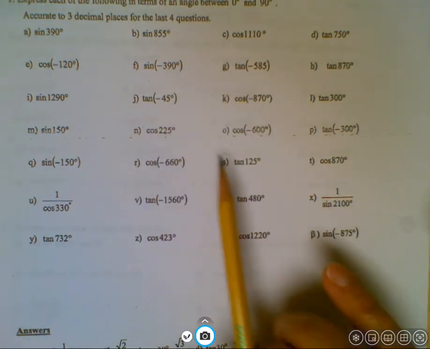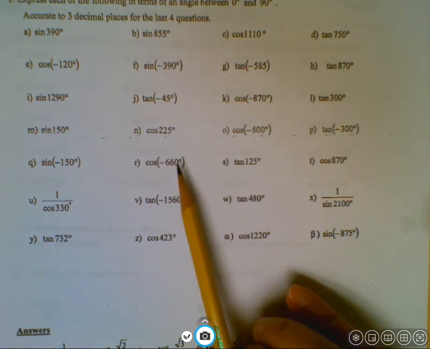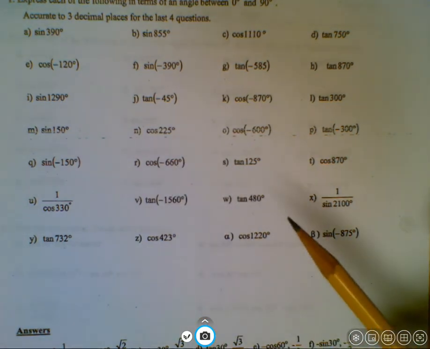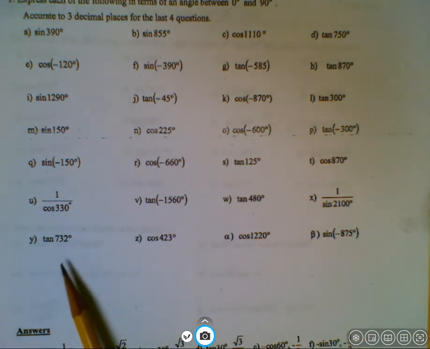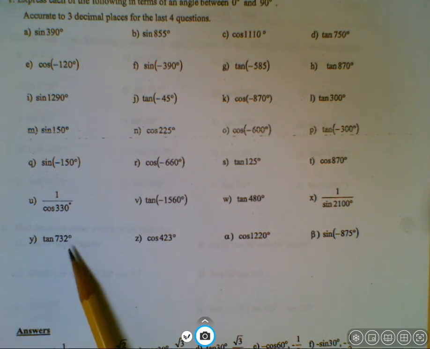But you'll notice as you do them that sometimes they're not special triangles. So for example, this one over here, tan of 732, we can't do that with a special triangle. Even if you subtract away 720, like 2 times around, you get tan 12 degrees. We don't know what tan 12 degrees is.